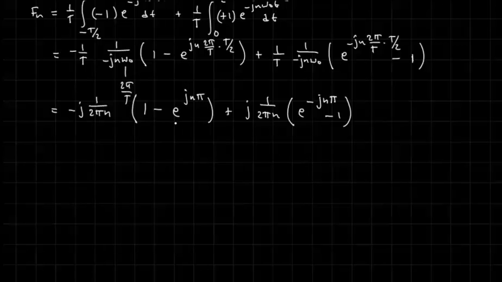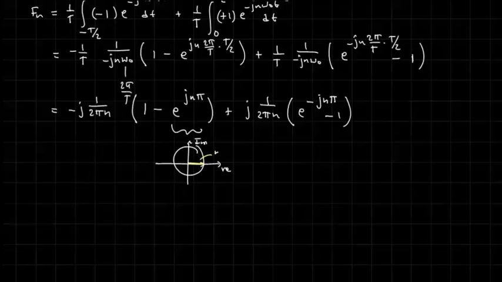Now we need to note, what does this e to the jn pi evaluate to? So think of the unit circle on the complex plane. We have the real and the imaginary, and jn pi will lie, if n is even, right here.